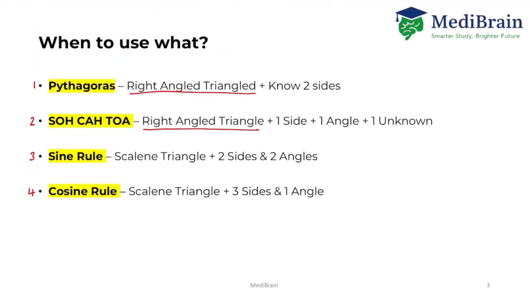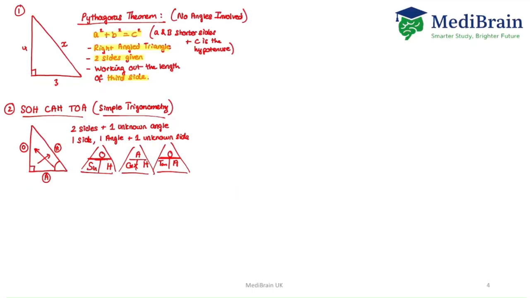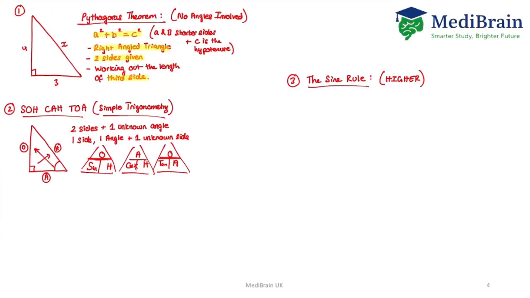Then in our third lesson, we moved on to the sine rule. The sine rule is just higher. So people who are sitting higher papers, these two are for foundation.